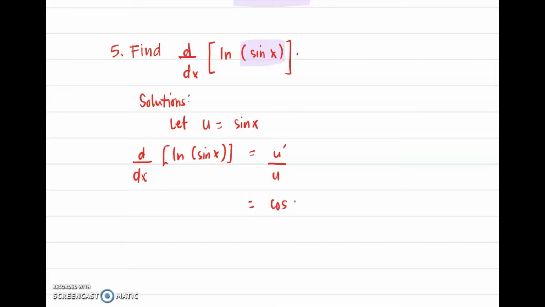So u prime is equal to cosine x over u, which is sine x. And cosine divided by sine is equal to cotangent. So cosine x over sine x is equal to cotangent x. And that means the derivative of the natural log of sine x is equal to cotangent x.